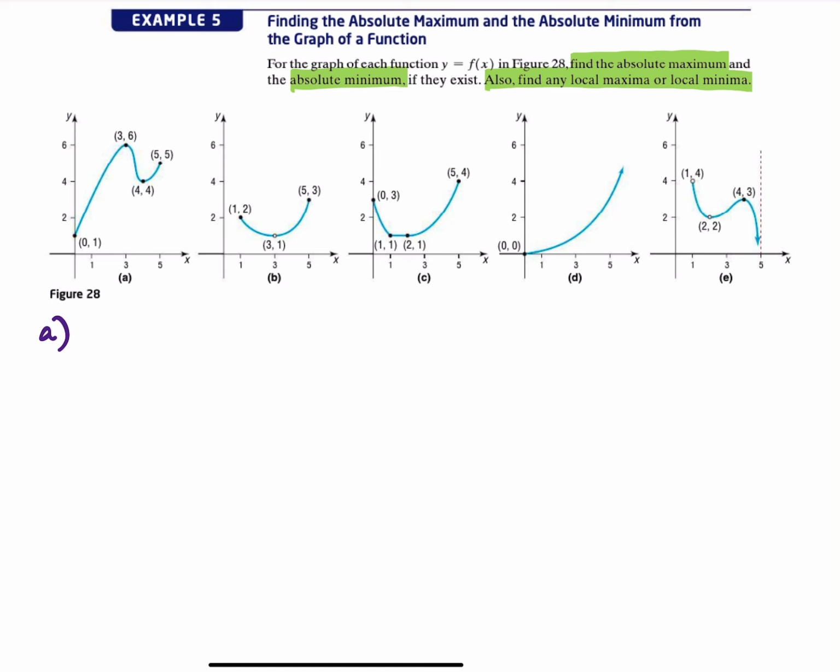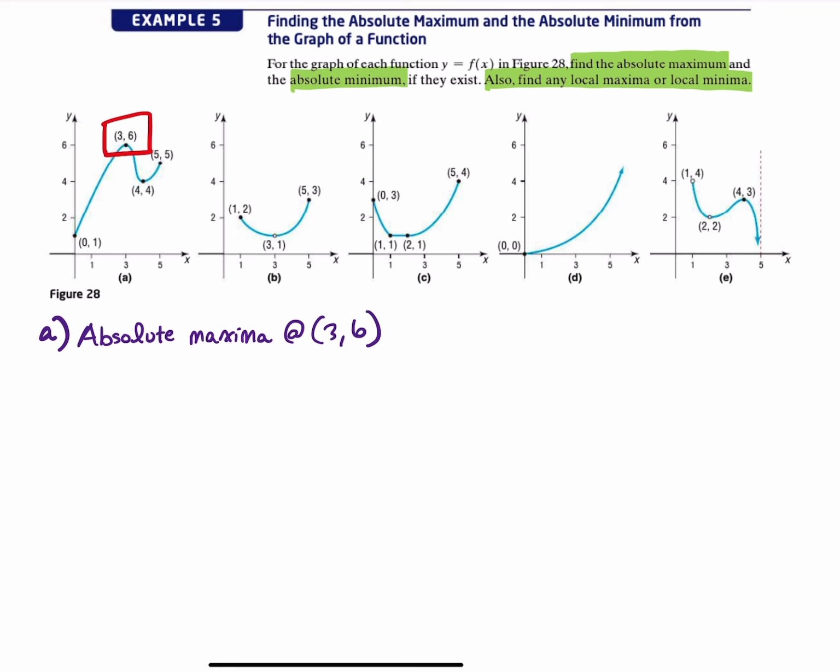Let's start with the first one. So does it have an absolute maxima? Is there a point that's higher than all other points on this interval? And yeah, that's actually happening here at the point 3, 6. So I can say we have an absolute maxima at that point 3, 6.